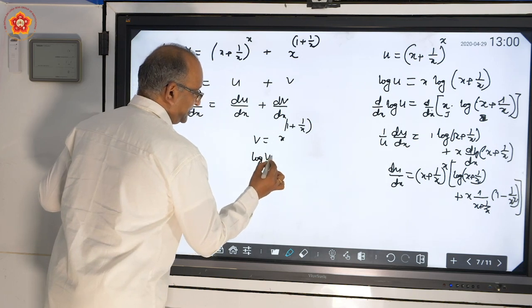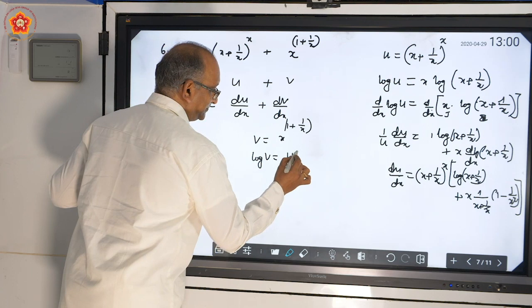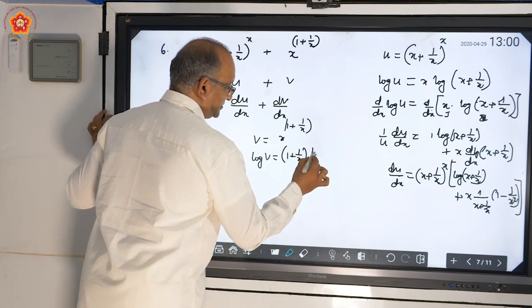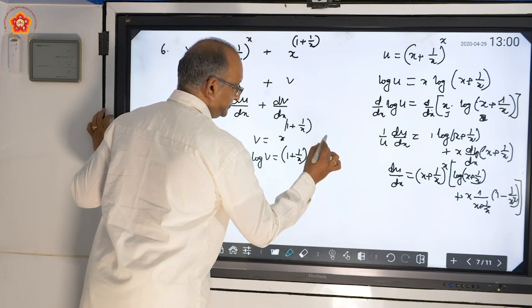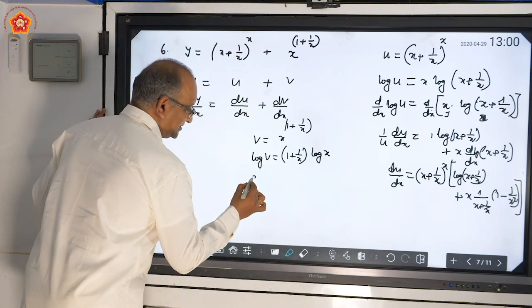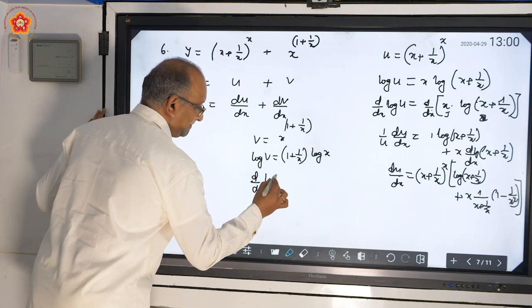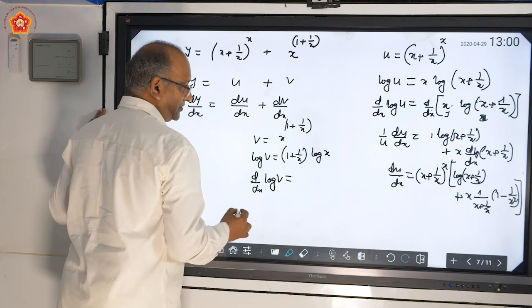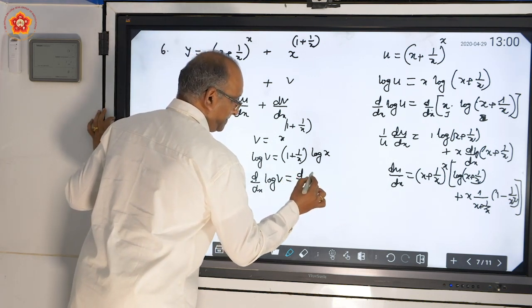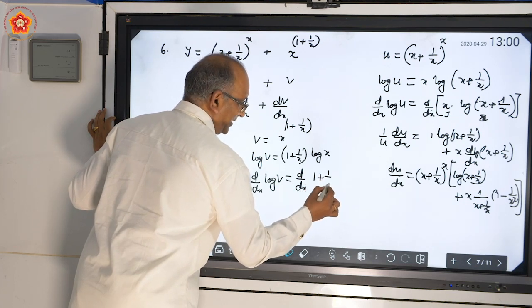Log v is equal to (1 plus 1 by x) log x. Take derivative both sides. It will become d dx of log v equal to d dx of (1 plus 1 by x) log x.